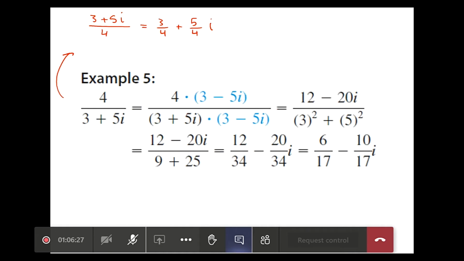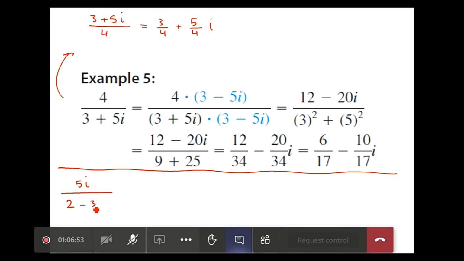Look at this. We have, okay, عشان خطوة خطوة. 4 over 3 أو أحط رقم آخر أو example, another example. 5i over 2 minus 3i.